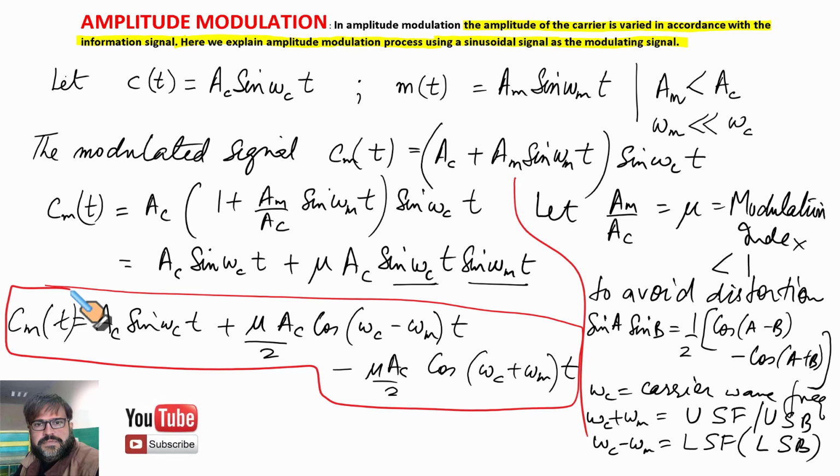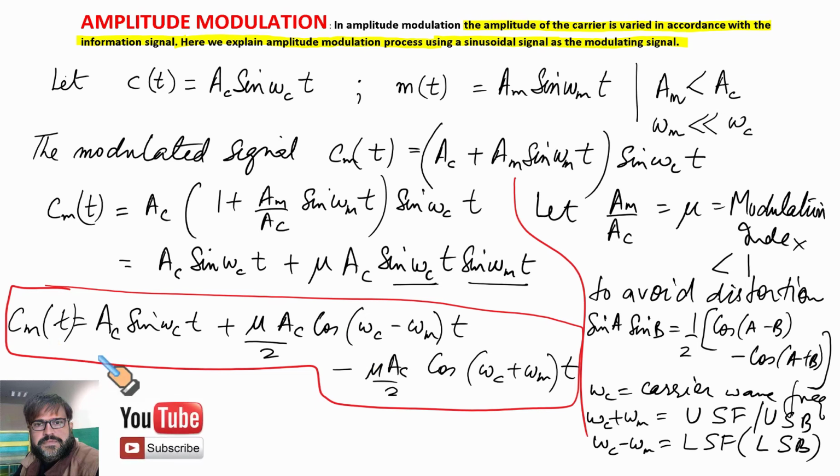The modulated signal now consists of the carrier wave of frequency omega C, plus two sinusoidal waves with frequency slightly different from omega C, called the upper sideband and the lower sideband. So, the frequency spectrum of the amplitude modulated signal is as shown.